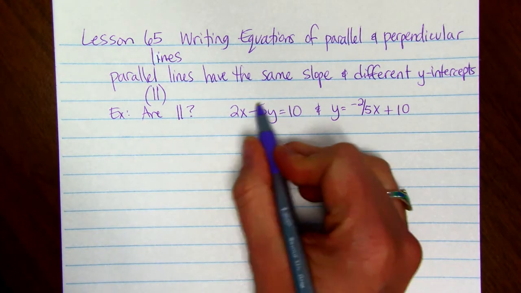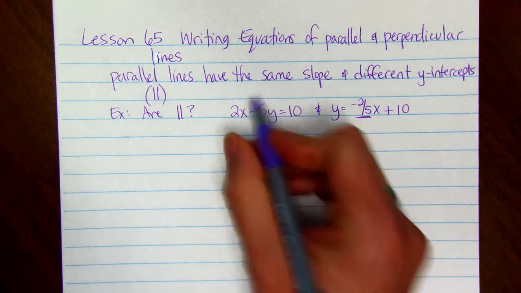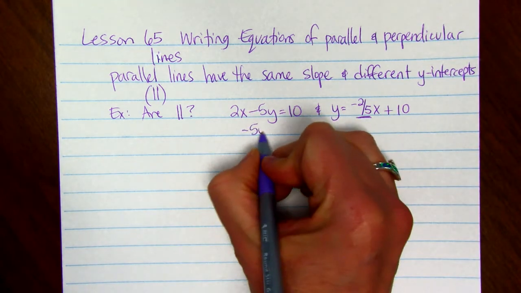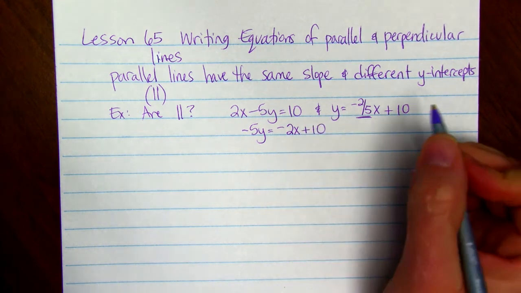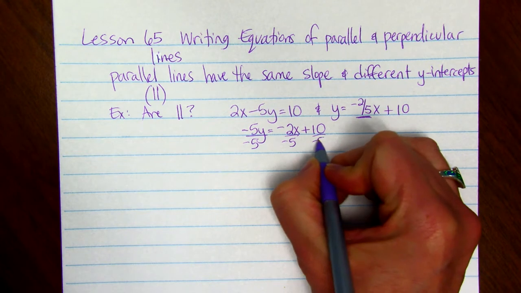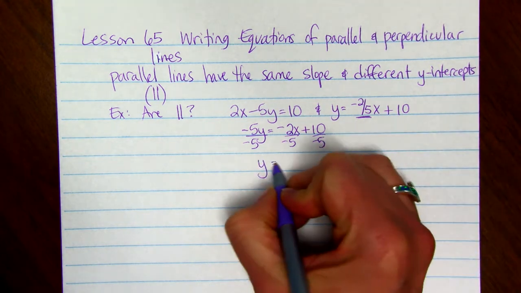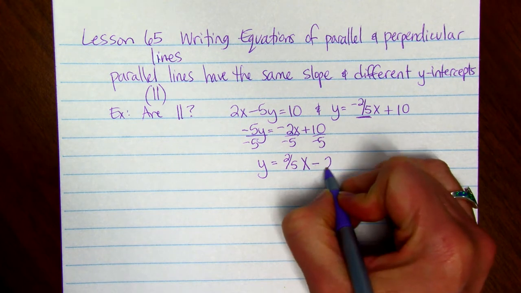I have to solve for y on the first one to find my slope. I know that negative 2/5 is the slope on the second line. So I have negative 5y equals negative 2x plus 10. I divide each term by negative 5, and I have y equals 2/5 x minus 2.